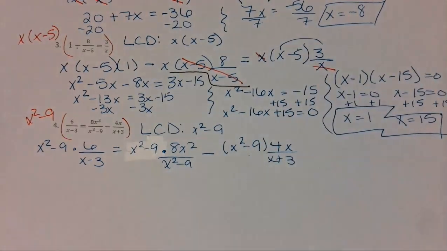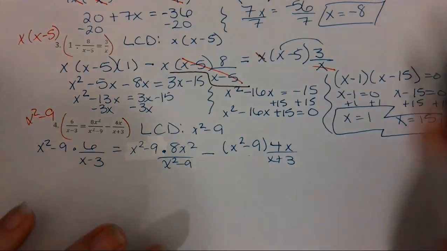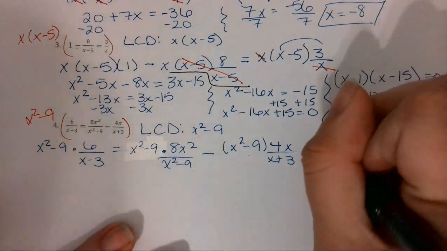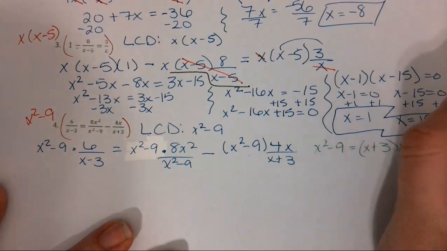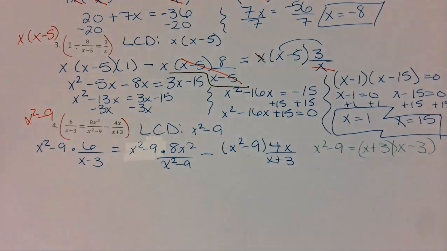So remember, let me write this in green over here: x squared minus 9 equals x plus 3 times x minus 3.